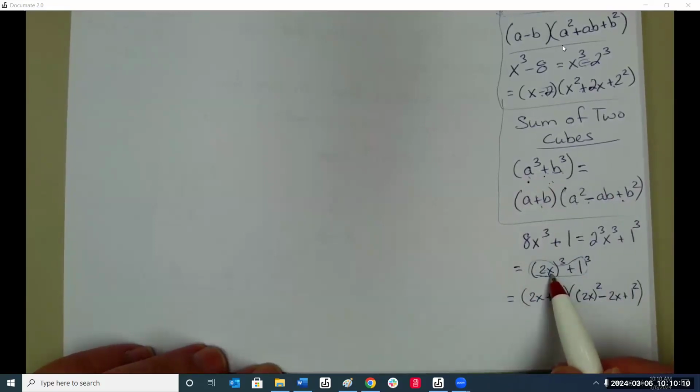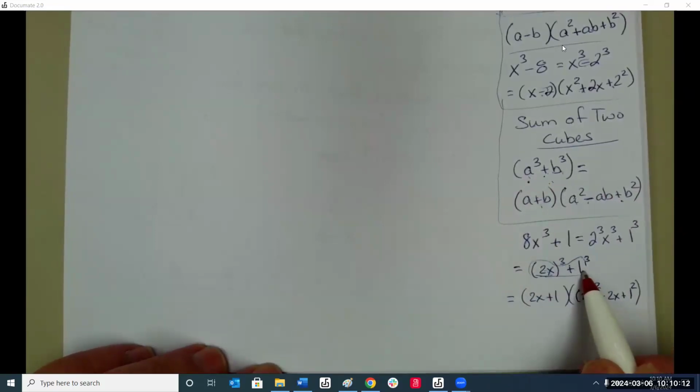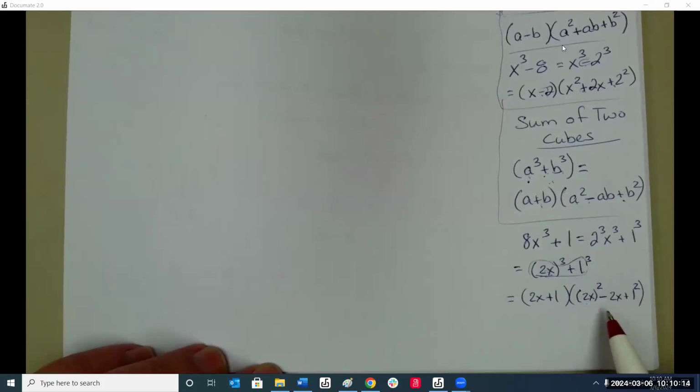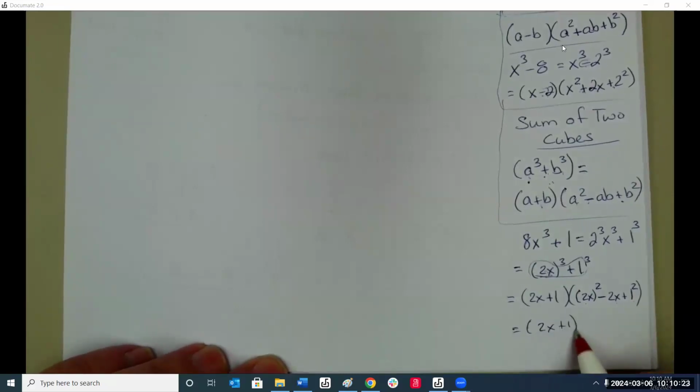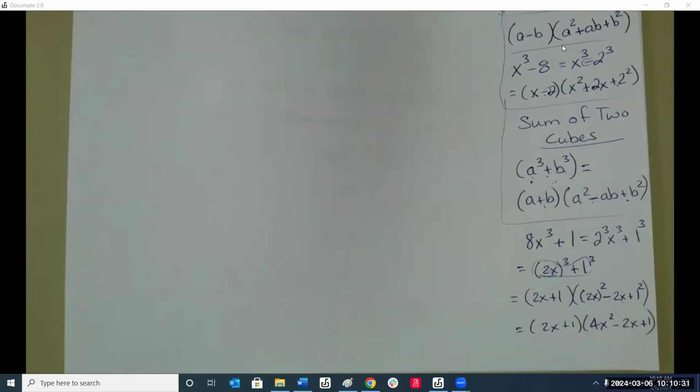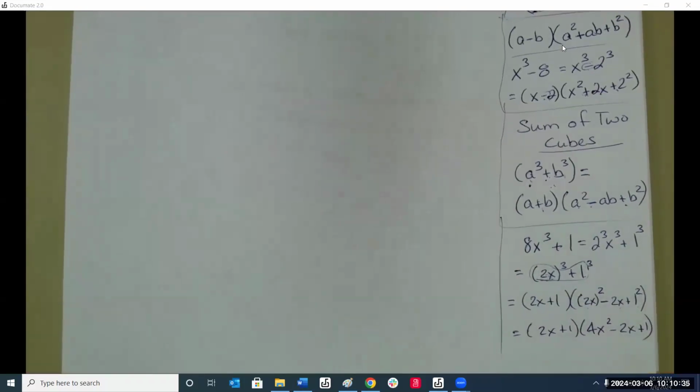A is 2x, B is 1. So A squared, A times B, B squared. And then so what's the final answer? 2x squared is 4x squared minus 2x plus 1. And there's your factor. So those are the special conditions for factoring, sum and differences.